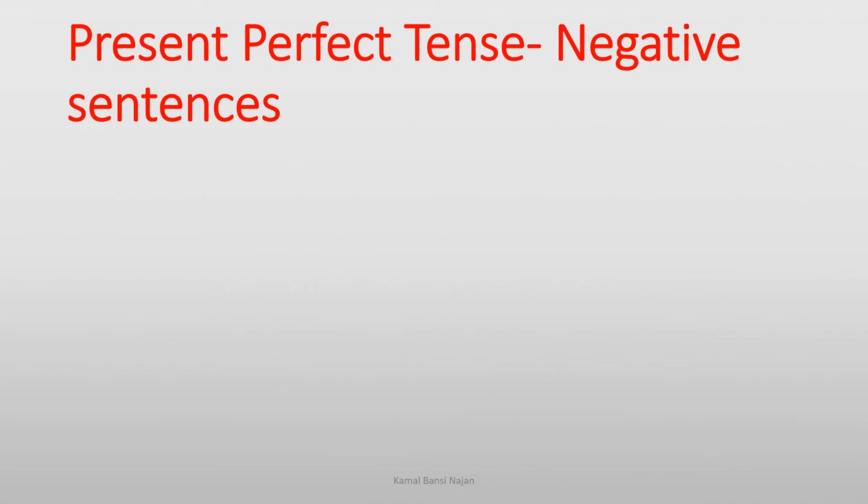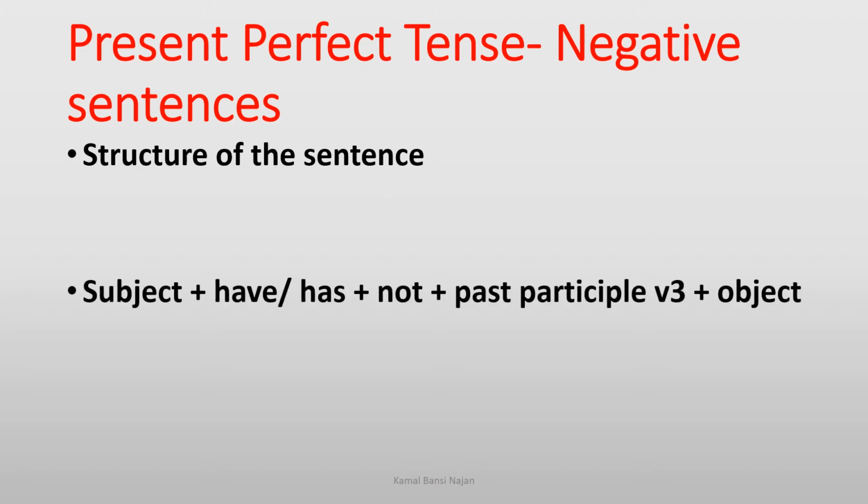Now, let's concentrate on present perfect tense negative sentences. Structure of the sentence. It's very simple to understand what is the structure of the sentence. Subject plus have or has plus not plus past participle, that is verb 3, plus object.